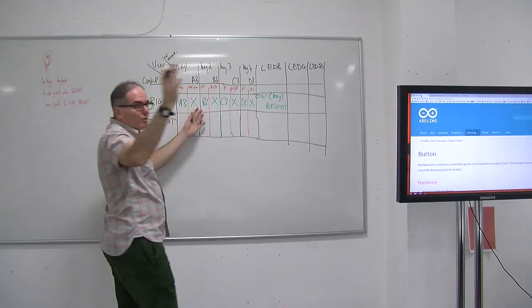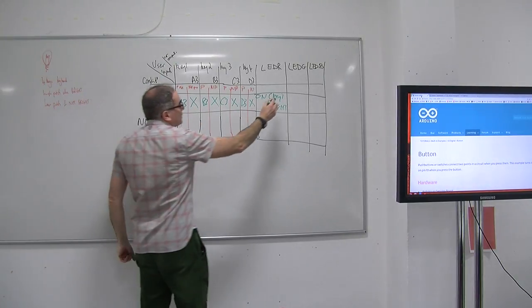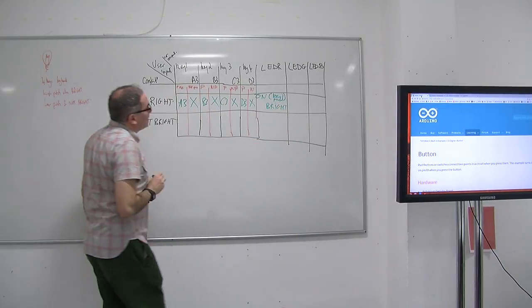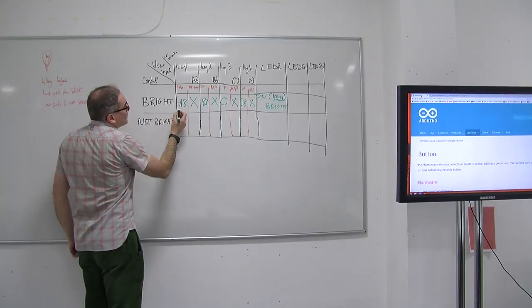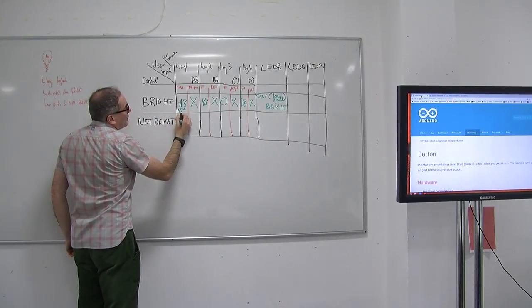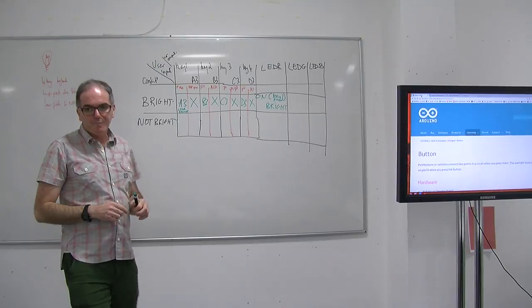Of course, normally you do a 3-dimensional table, but we're doing it on the board. So when key 1 is pressed, we can put it here: LED R bright. Maybe we'll do it like this, it's better.